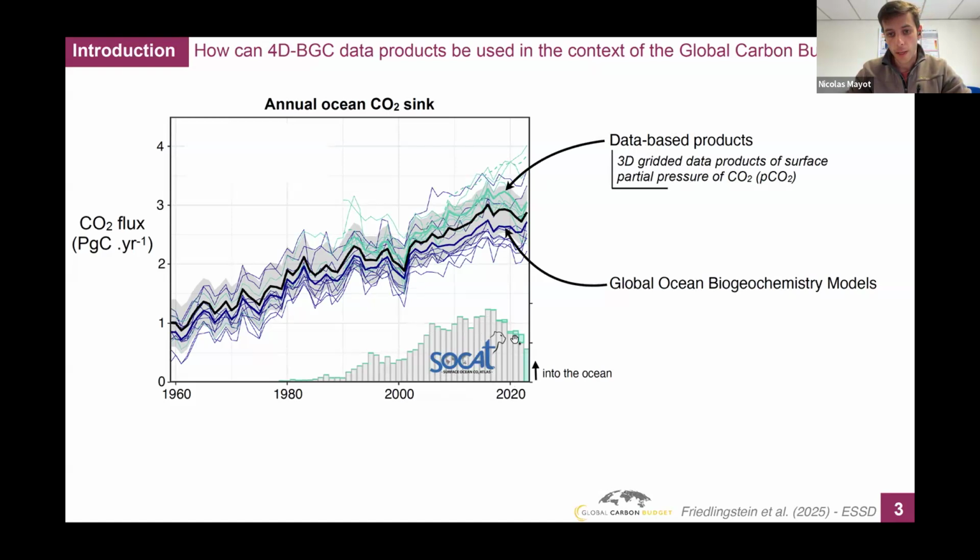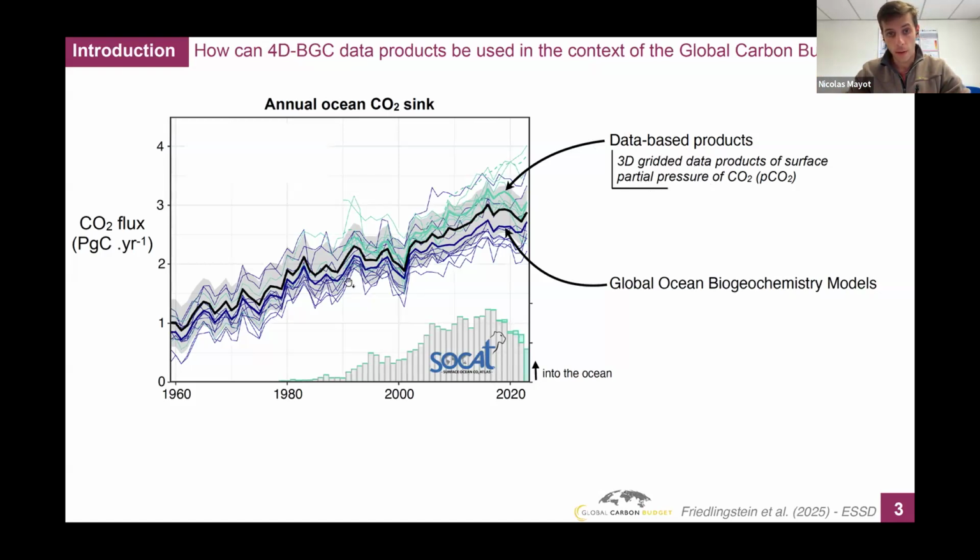And then they interpolate this database to produce this 3D gridded data product. So we can kind of say that they are analogous to the 4D-BGC data that we are talking about in this webinar, in the sense that they also use machine learning methods to interpolate observational gaps.